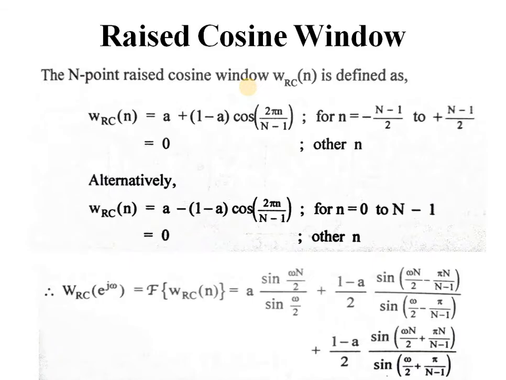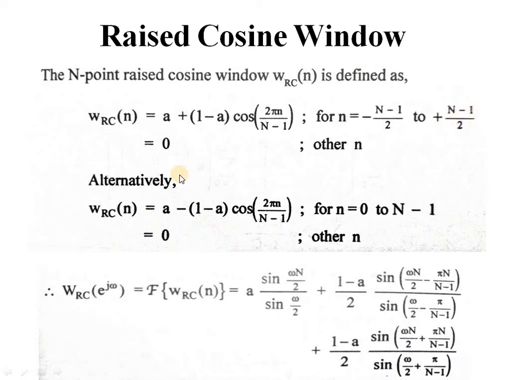Coming to the N-point raised cosine window, w_RC, this depicts that it is a raised cosine window. w_RC of n is defined as a plus (1 minus a) times cos of 2 pi n by (N minus 1), for n equal to minus (N minus 1)/2 to plus (N minus 1)/2.